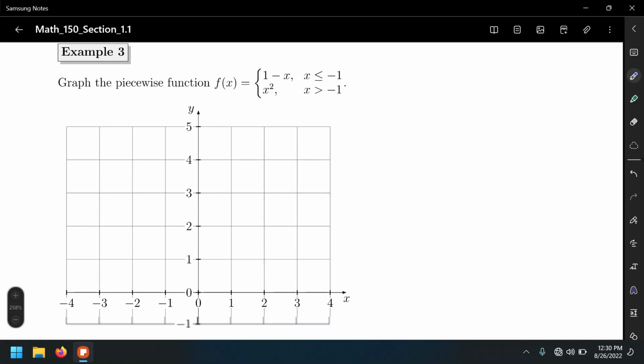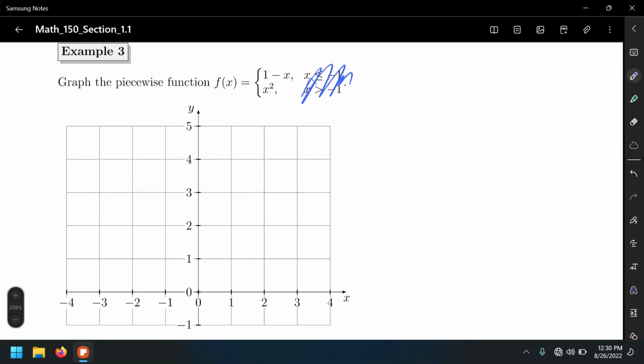If we were to graph this without these conditions, we would have 0, 1, and 4, and the line which is 1 minus x, which would be these two together, overlapping and intersecting, right? However, that's not the case. In this case, we have conditions.